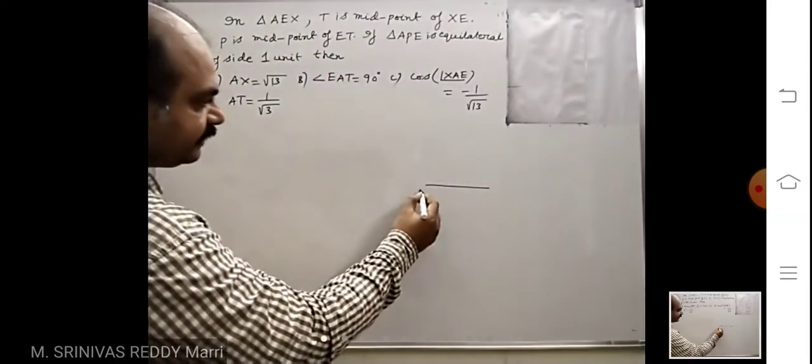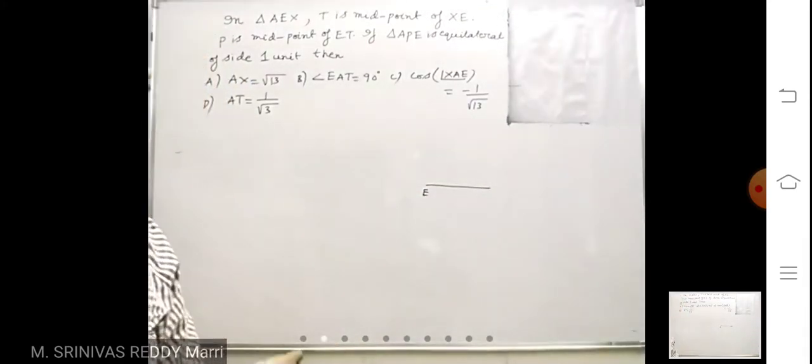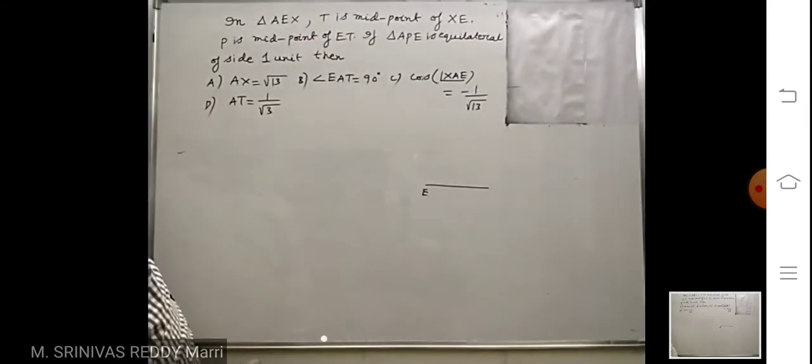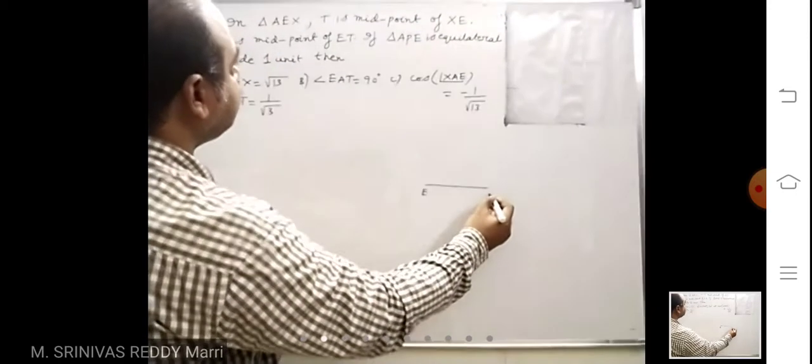You will understand after that. P is the midpoint of E and T.